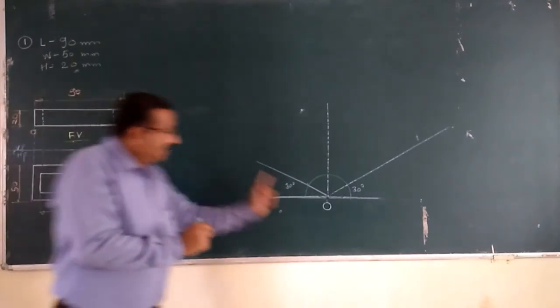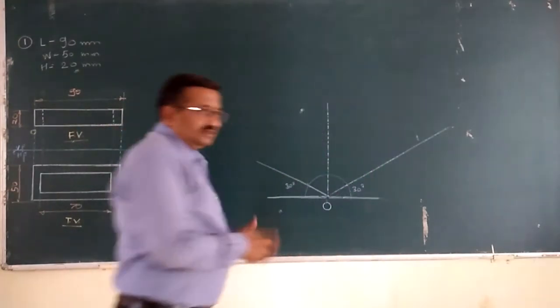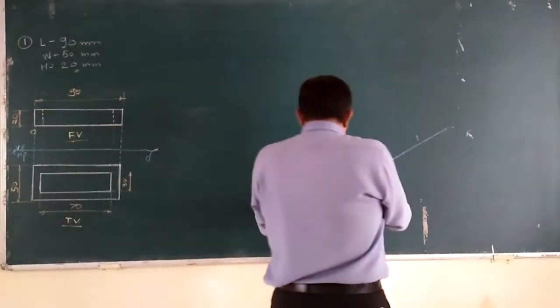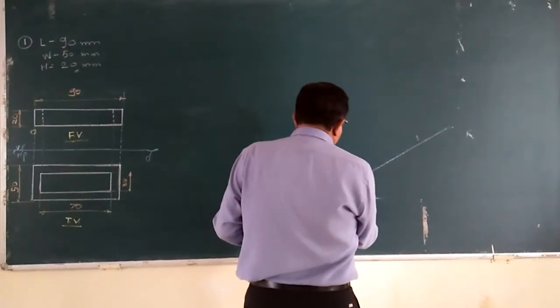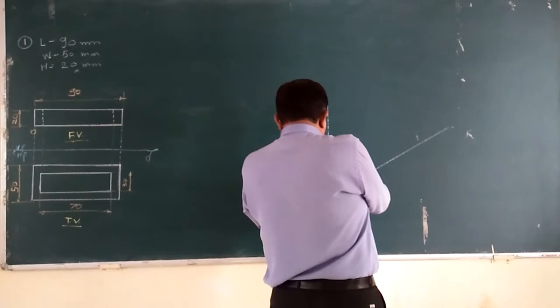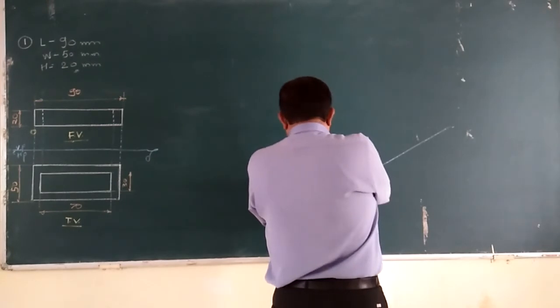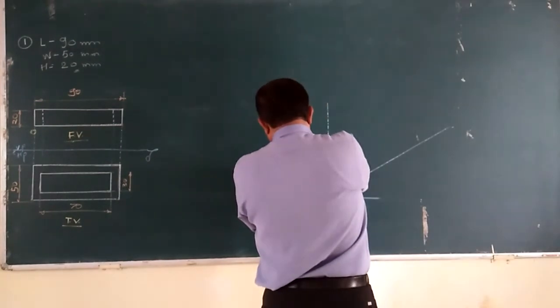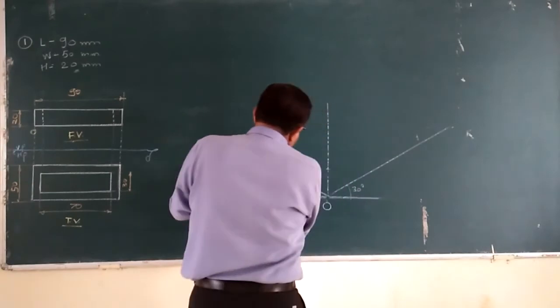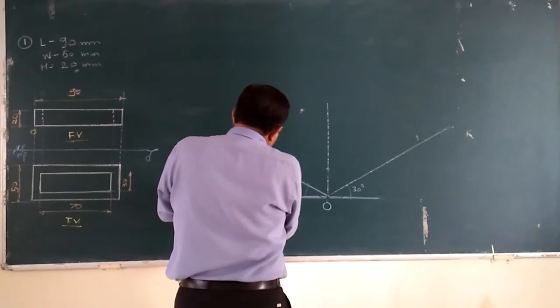So naturally, the length is marked on the right 30-degree line from O. Height is 20 mm, so vertically I will first mark 20 mm height, and then 50 mm width.